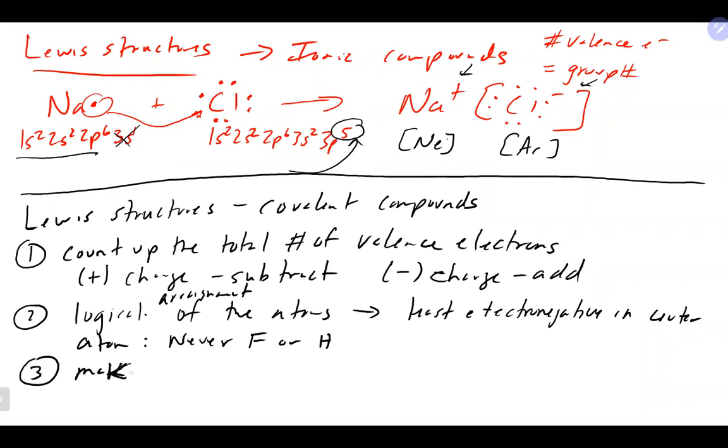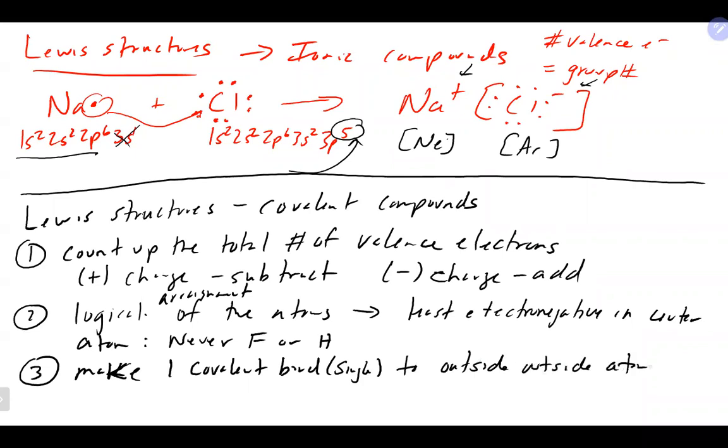Once you have that logical arrangement, you want to make one covalent bond, or single bond, to the outside atoms. That will use up a certain number of electrons.